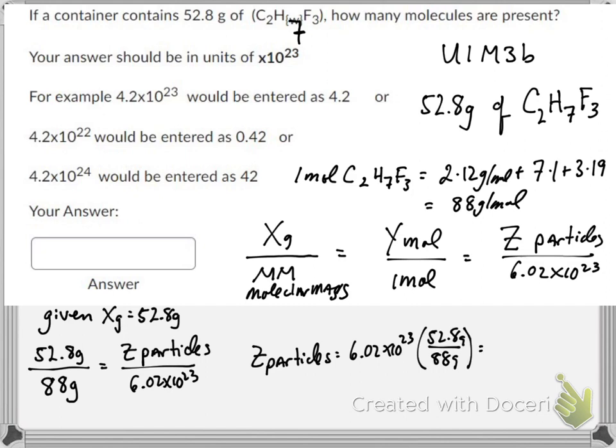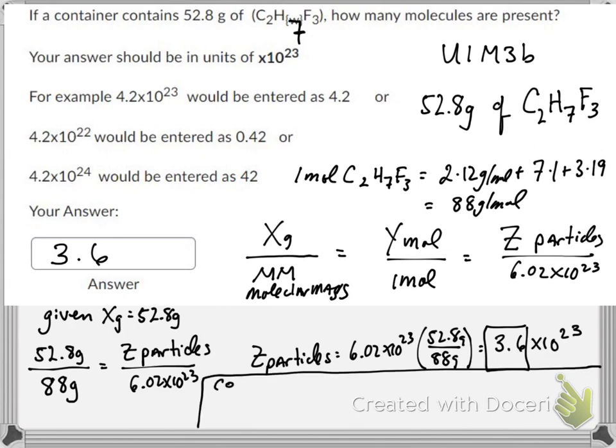And the answer is 3.6 times 10 to the 23rd, which we would put that value 3.6 into the box because we want to put the answer in units of times 10 to the 23. It's just that the formatting in D2L is pretty rough and won't accept scientific notation.